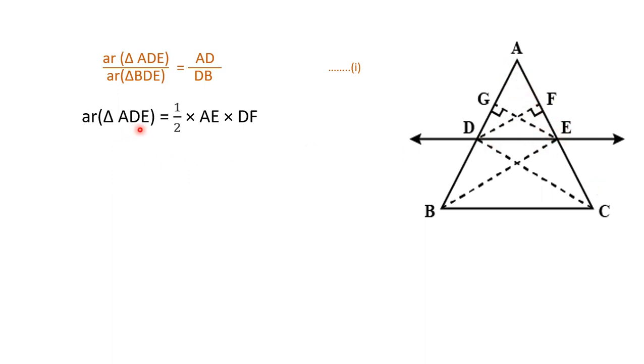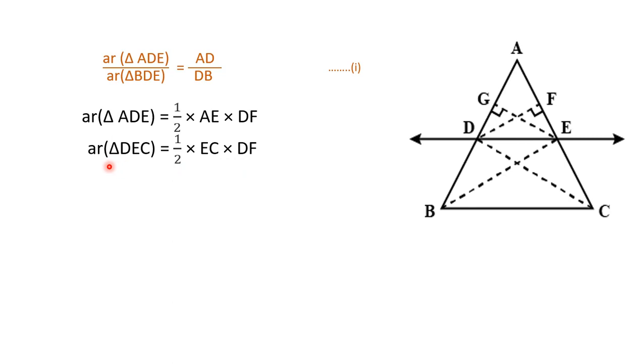So area of ADE is half into AE into DF. Similarly, we write the area of triangle DEC. We get half into base EC, and as triangle DEC is an obtuse angle triangle, its altitude is DF, so that is the height. So half into EC into DF.